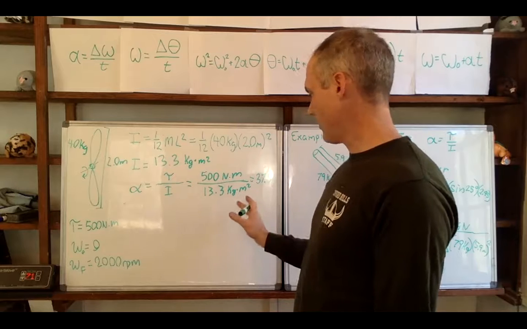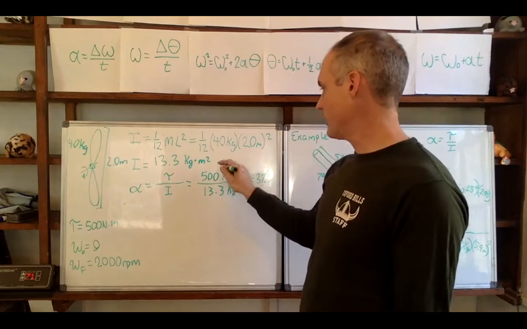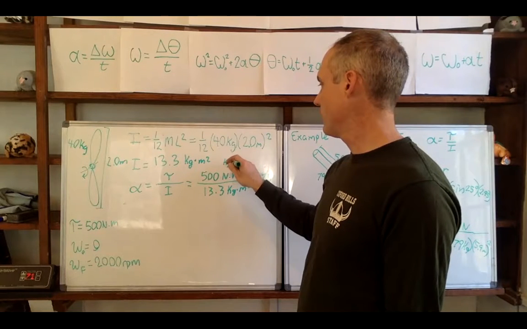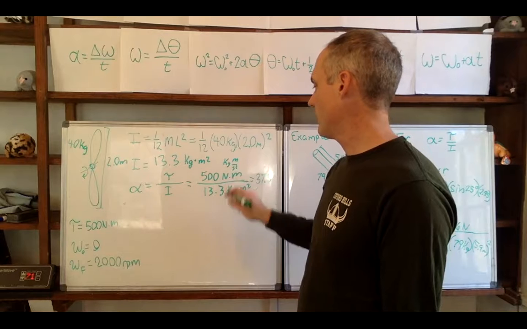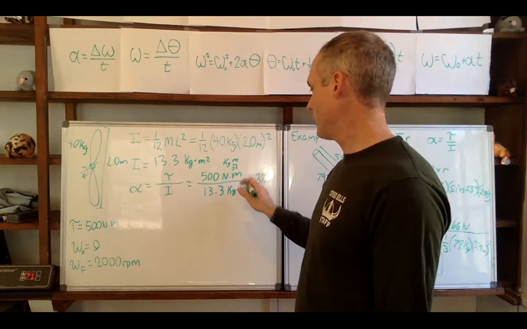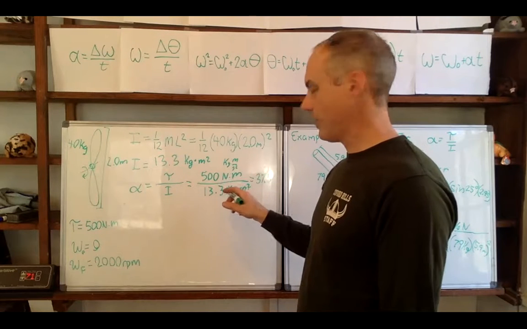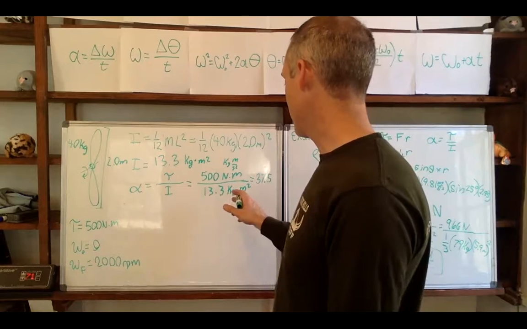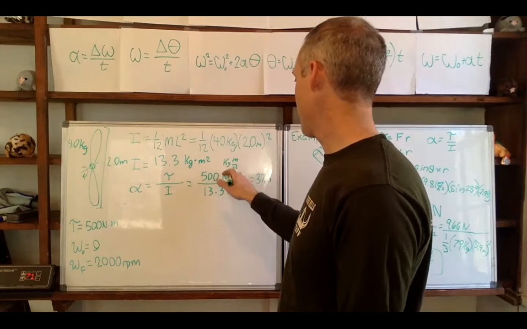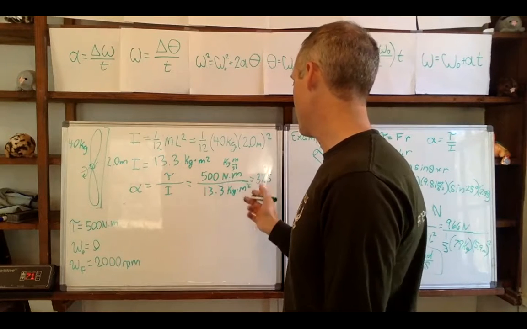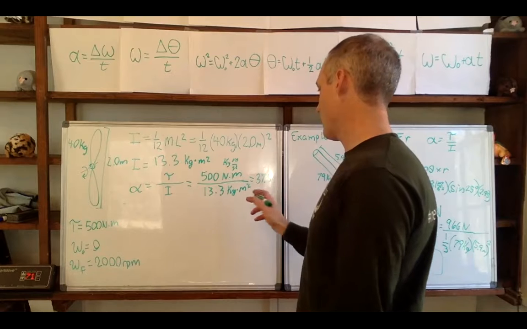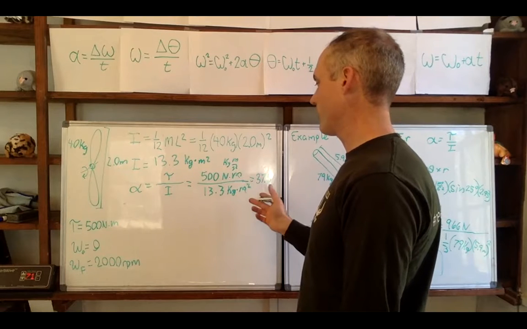And that has, because newtons is kilogram meters per second squared, so meters cancels out, and kilograms cancel out. Well, one of the meters cancels out. Seconds is still there. Oh, there's another meters right there. So meters is totally gone.